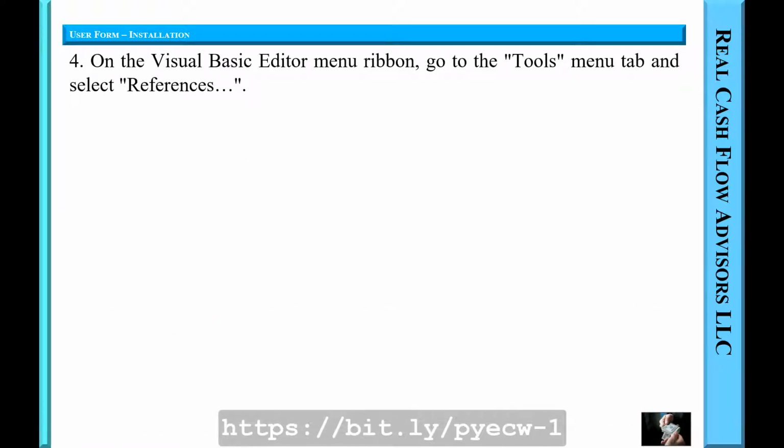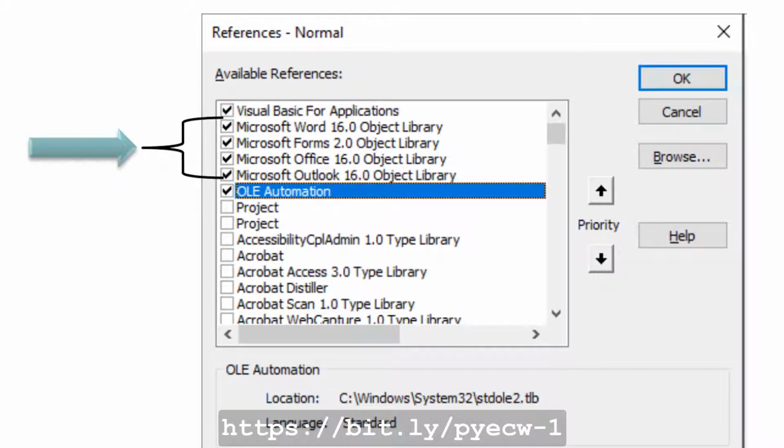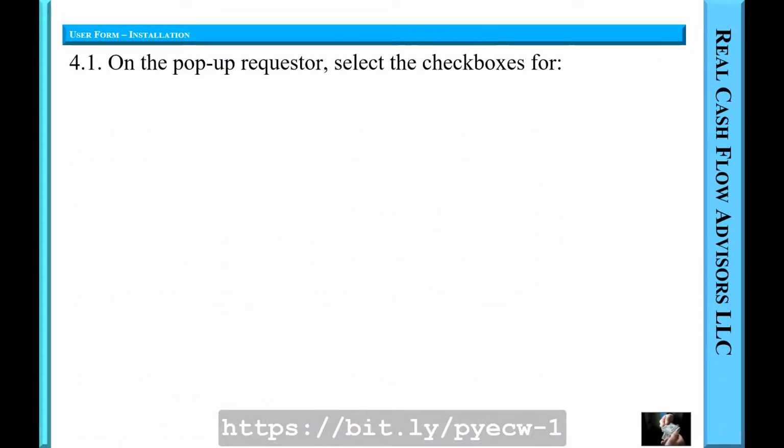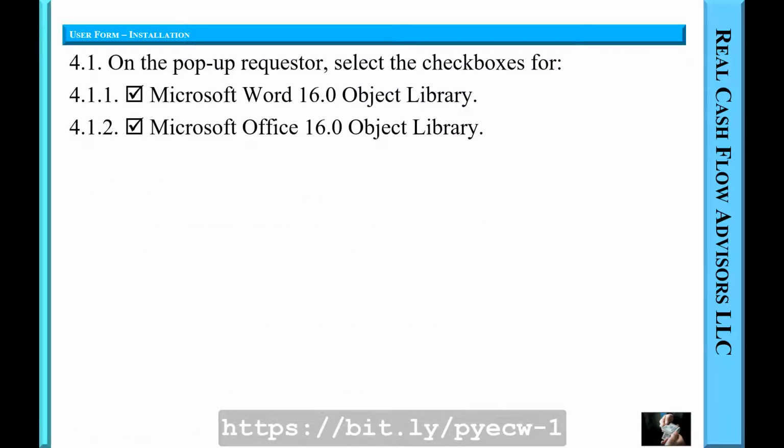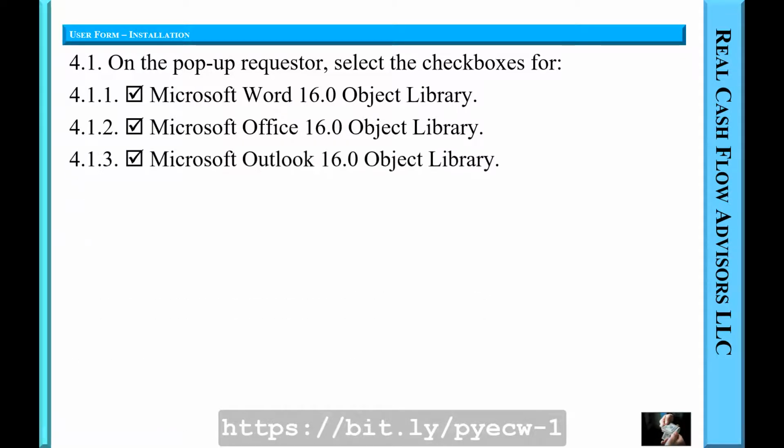On the Visual Basic Editor menu ribbon, go to the Tools menu tab and select References. You want the references to look something like this. On the pop-up requester, select the checkboxes for Microsoft Word 16.0 Object Library, Microsoft Office 16.0 Object Library, Microsoft Outlook 16.0 Object Library, Microsoft Forms 2.0 Object Library.